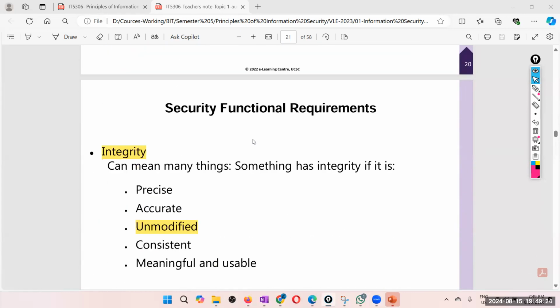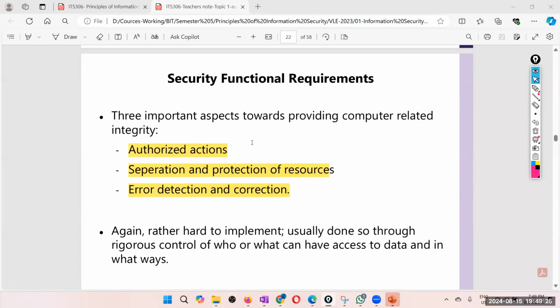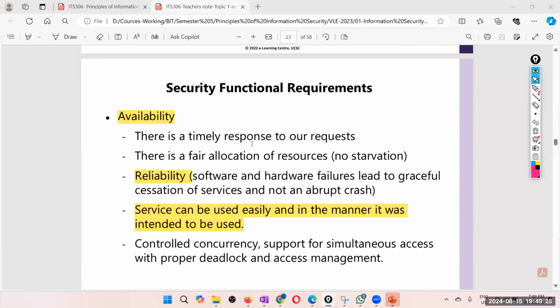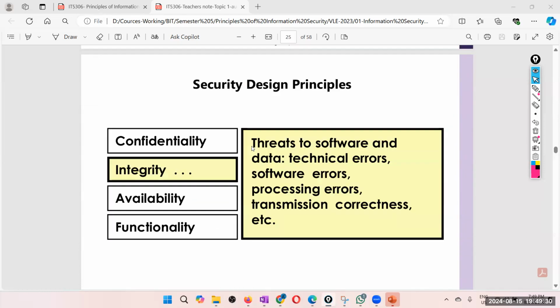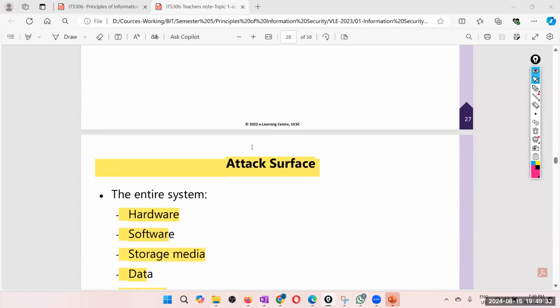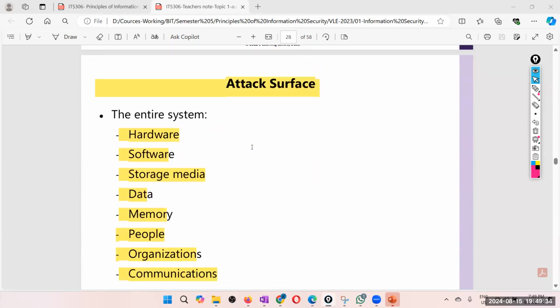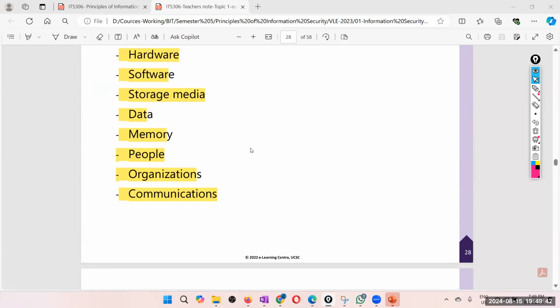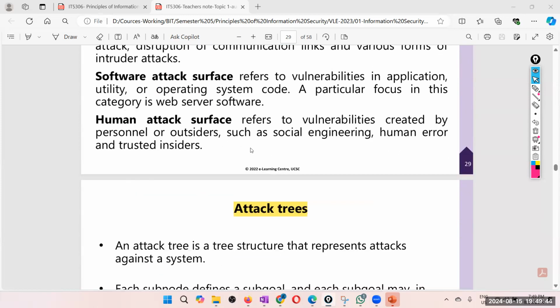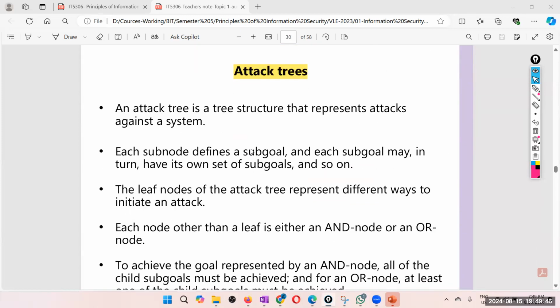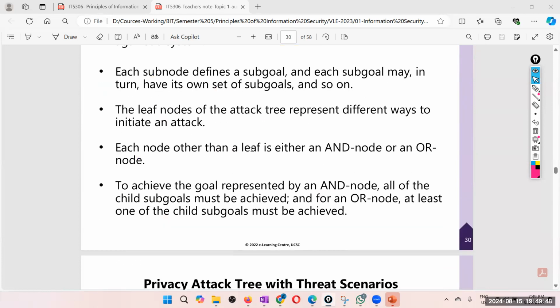Right, so we discuss what is confidentiality, integrity, availability. Right, attack surfaces: hardware, data, software, programs, humans, so many things. And then the attack tree, how these things can be mapped together.